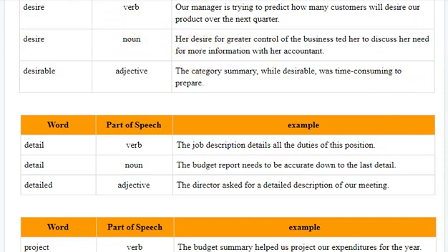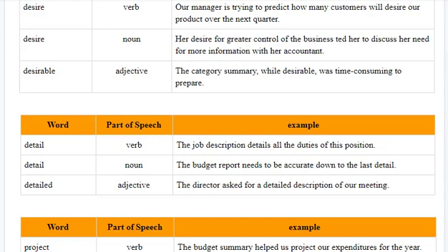Desire, noun. Her desire for greater control of the business led her to discuss her need for more information with her accountant. Desirable, adjective. The category summary, while desirable, was time-consuming to prepare.